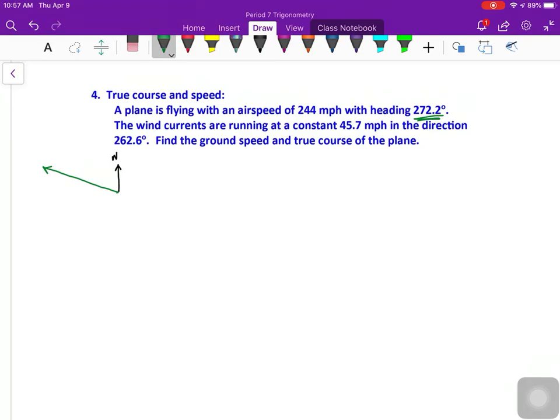Well, 270 would be straight to the left. So 272 is going to be in this direction, right there. And it's going 244 miles per hour. And this whole angle here was 272.2 degrees.